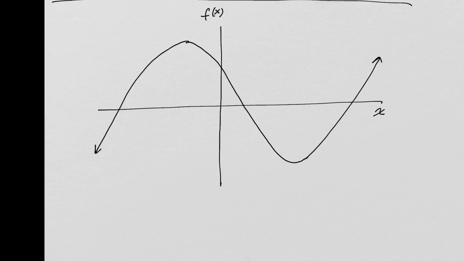So this point right here, this is what's called a local or relative maximum, right? Think of it as like the top of a hill. It doesn't have to be the highest point, but just locally, it's the highest point. So this is a local, or some people call it a relative maximum.